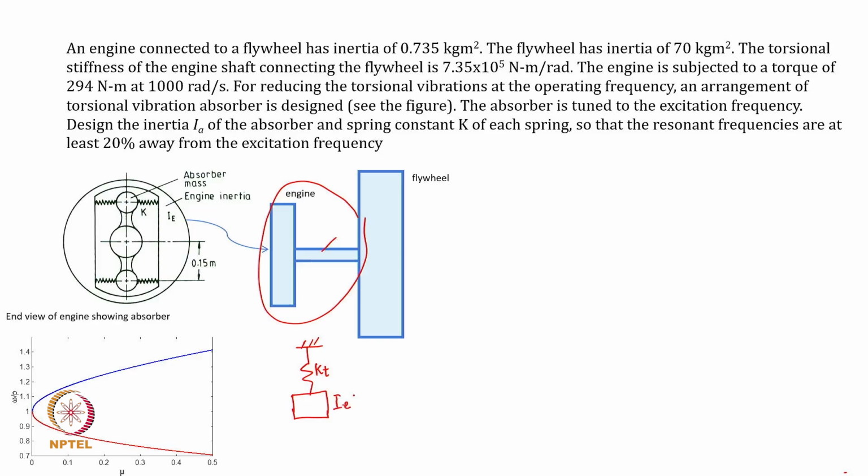Then we saw how this auxiliary system was connected as an attached additional system having its own stiffness and its own mass, and in this case would be an inertia. So, when the value of the natural frequency of this attached absorber is tuned to the natural frequency of the parent system, we observed that the response of the parent system can be theoretically brought to 0.